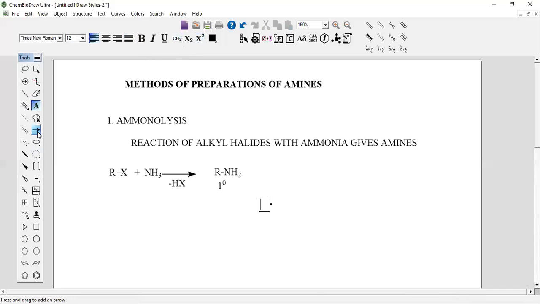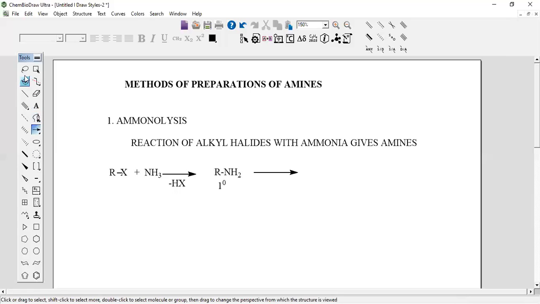But the reaction never stops at this junction, because there are 2 more hydrogens. Immediately they react with another alkyl halide molecule present in the reaction mixture.